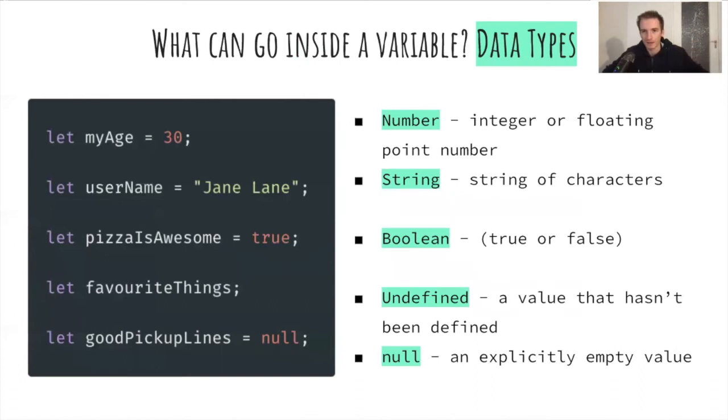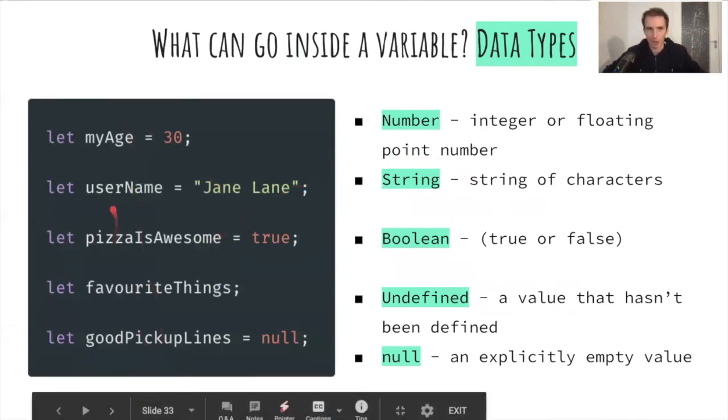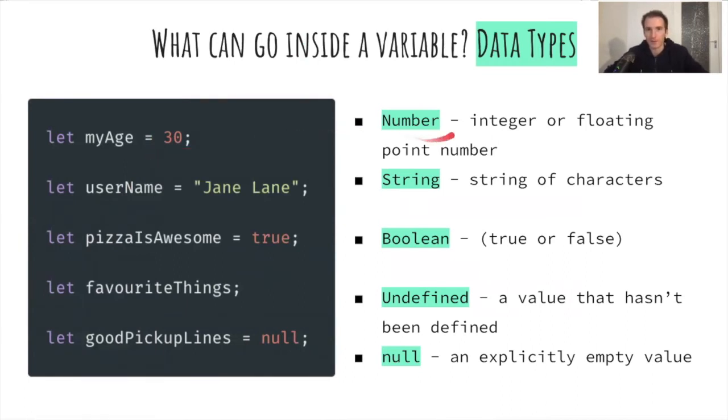And then what can go inside of these variables? There's basically 5 different options of things that you can put into these variables. We can use numbers, we can use strings. A string is like a string of characters, basically. This is used everywhere in programming. A string of characters looks something like this.